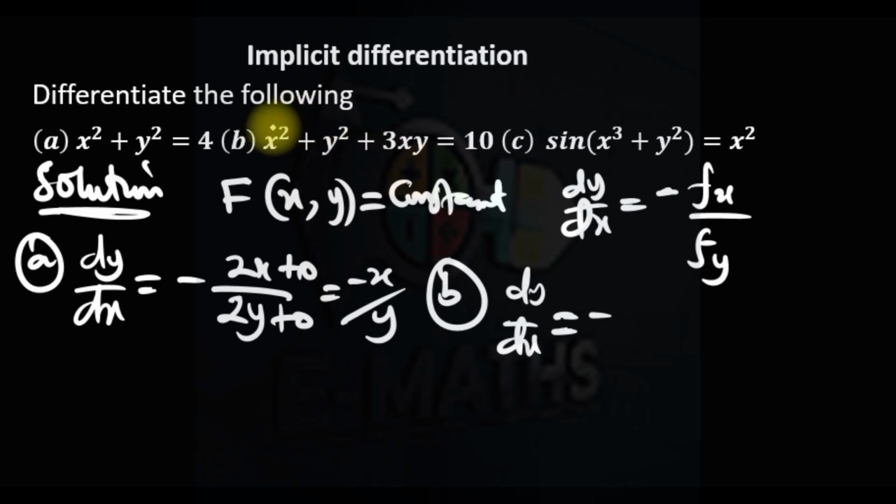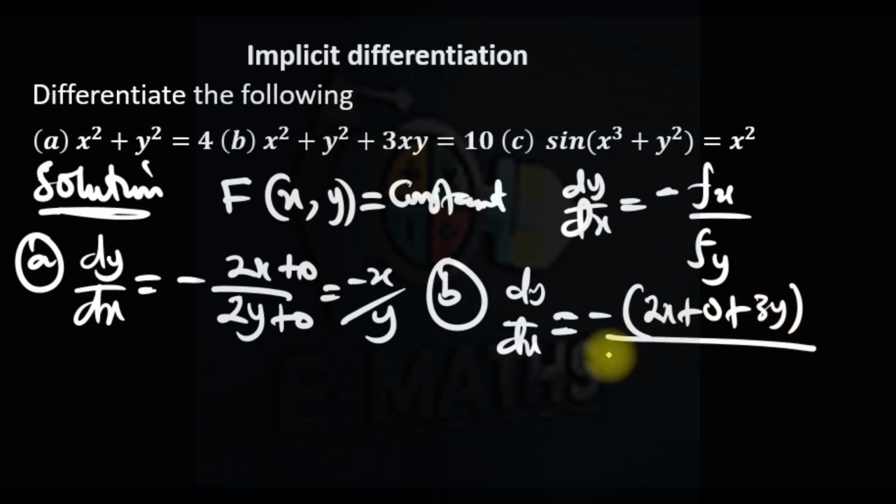Minus, we differentiate, this is now 2x plus 0 plus, remember, y is now a constant, so we keep 3y like a constant now. So if you differentiate x, we have 3y, over, that same logic. If you differentiate with respect to y only, x is constant.